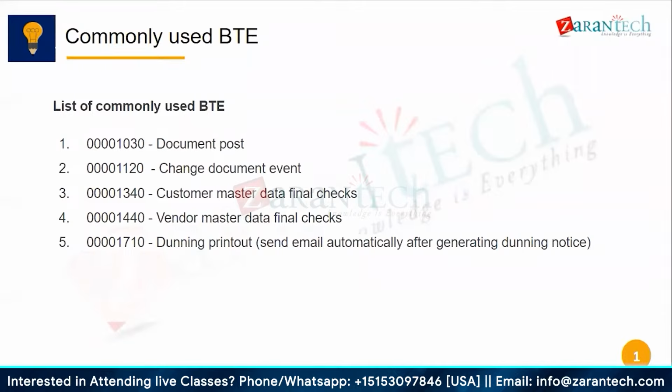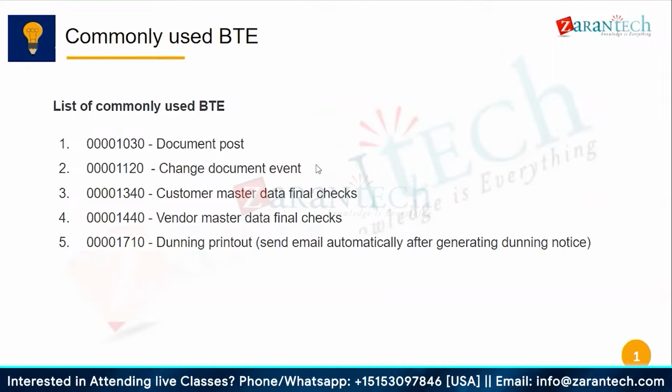One option is defining the sort key, right? But in the sort key you have quite limited options. You cannot combine some fields from the vendor master and some fields from the document. So using this document post functionality, even those document numbers which are generated at runtime, you can use them to derive values for particular fields.